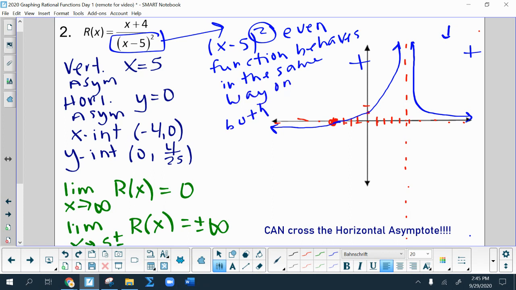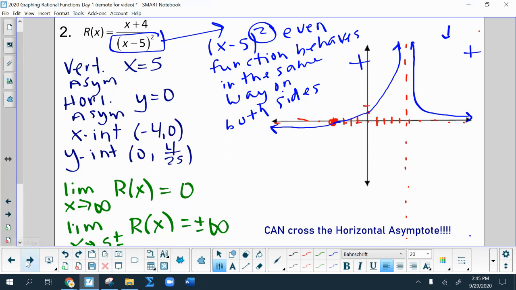So my function went to positive infinity on both sides of that vertical asymptote. So I really only needed to try one side to get the graph correct, or to at least know what was happening around the vertical asymptote.